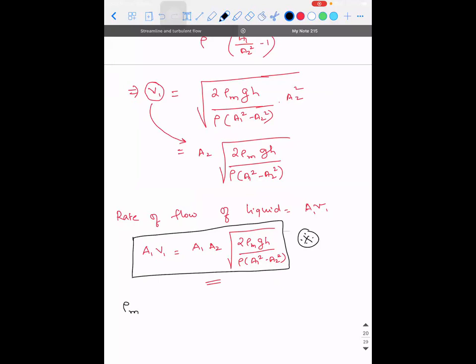See, rho m is what? Density of liquid in manometer. Rho is what? Density of liquid through horizontal tube.